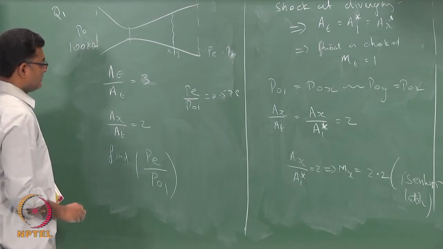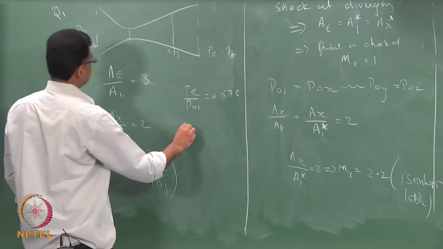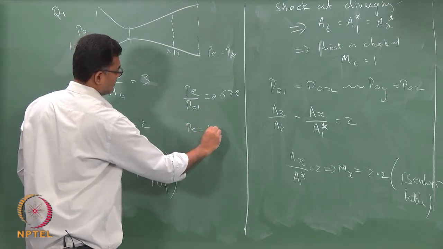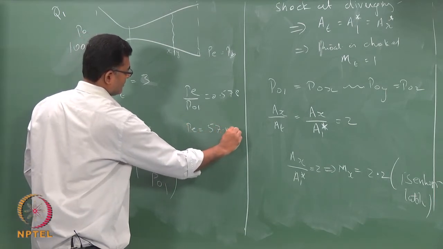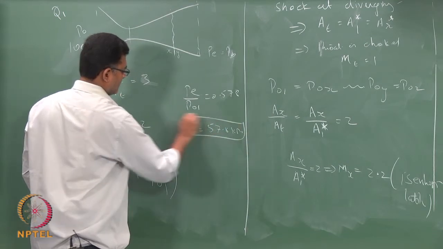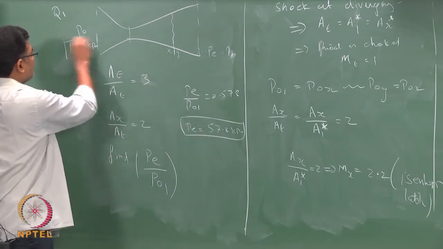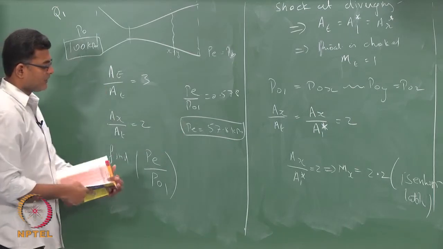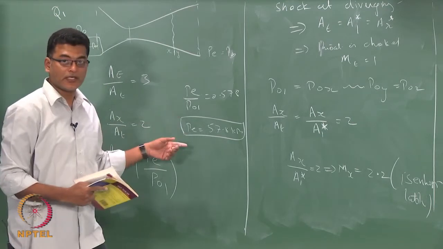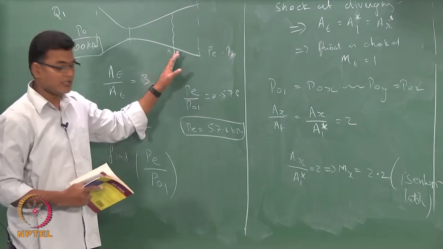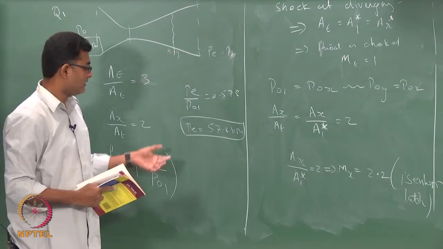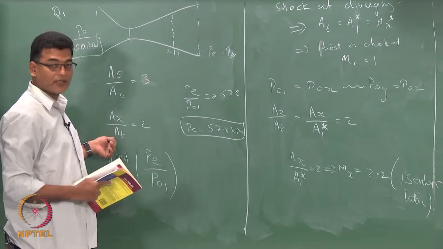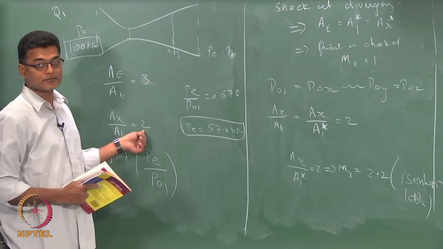Then your P exit is 57.8 kilopascal. So 57 kilopascal is a region between P critical 1 and P critical 2. So there is a shock in the diverging section, and that happens at a location where the area ratio is 2.